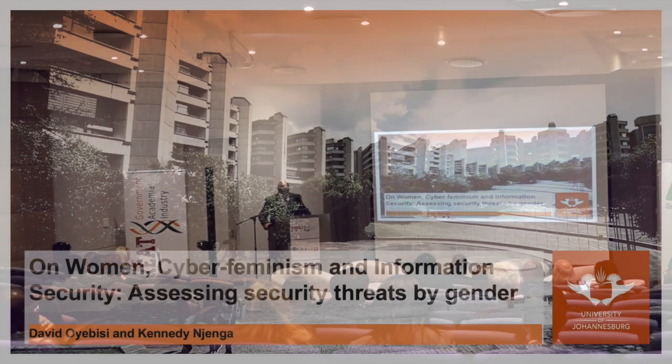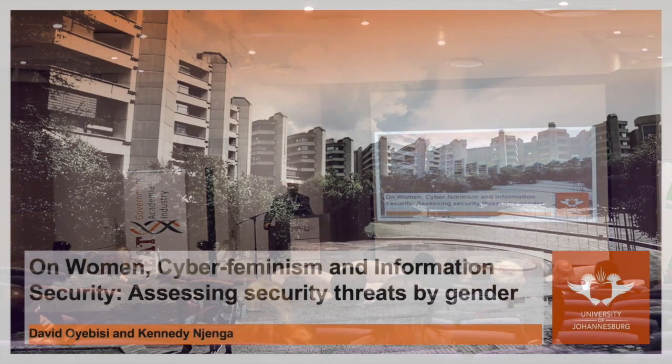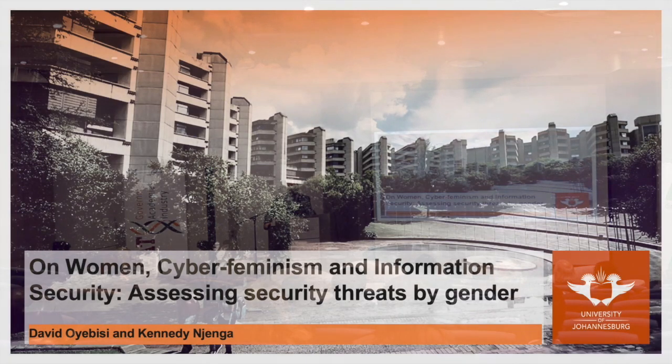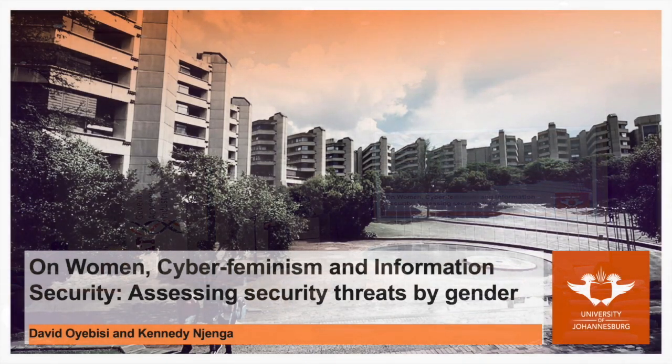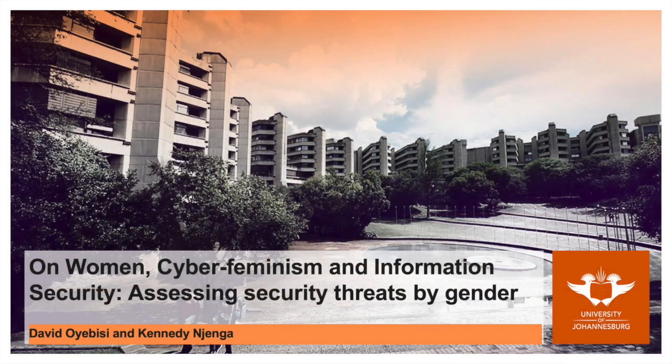Now, just some brief background about UJ and the kind of stuff that we do. We do have a Center for Cybersecurity training, and one of the reports that we do publish, you can access it on the web. We do some research about teams and how to make their space secure. We do card fraud.